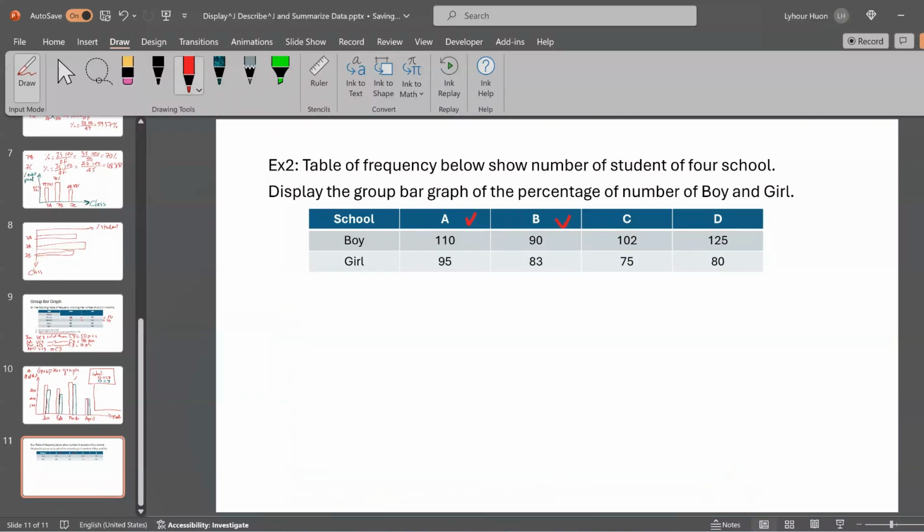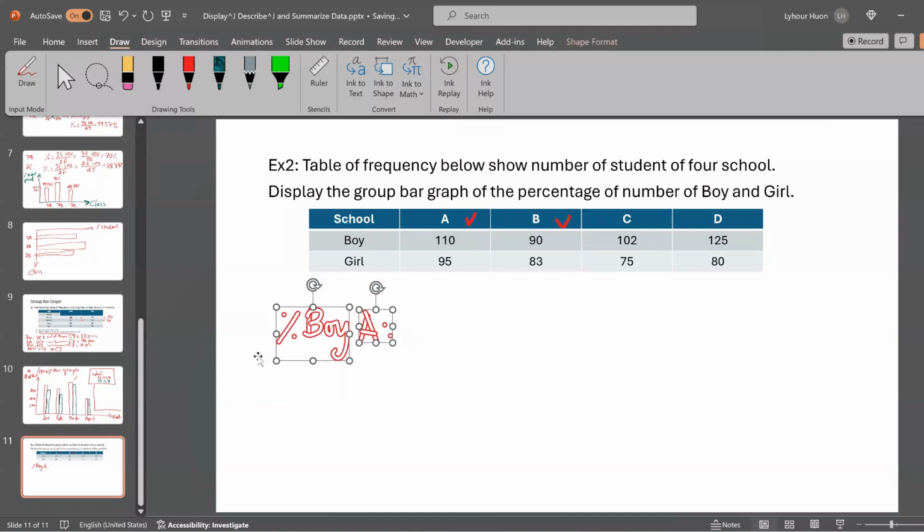So how do we find the percentage of boys and percentage of girls for school A? Let's do school A first. The formula: is over of equals percent over 100.